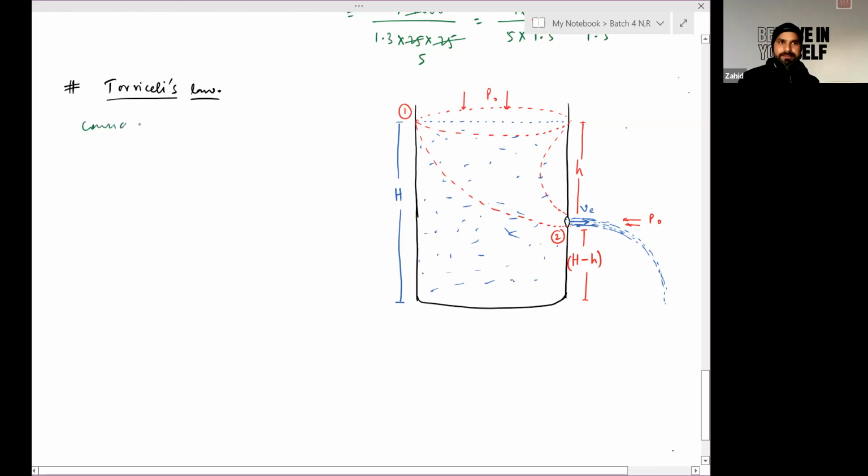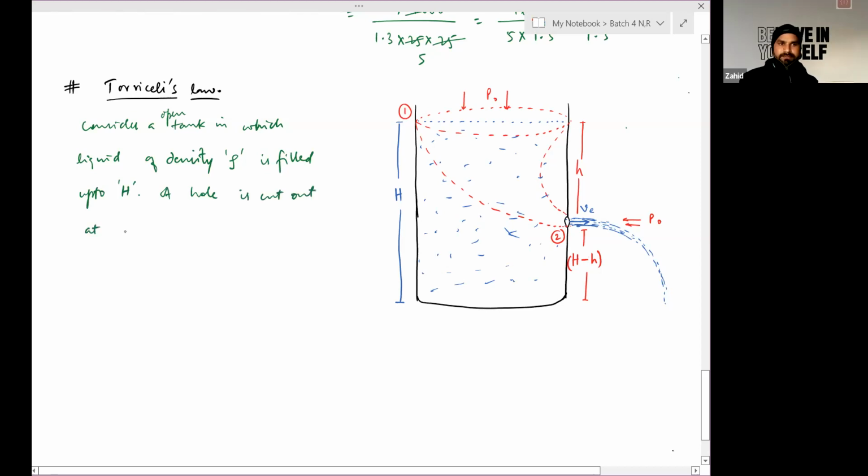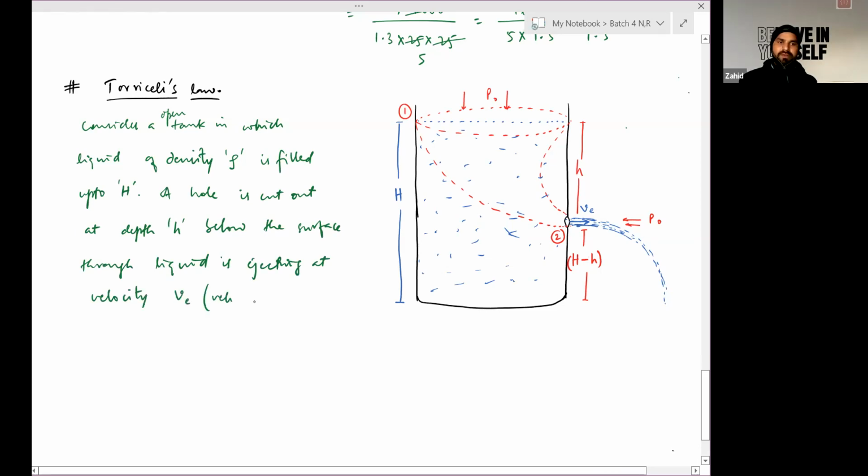So consider a tank, or say open tank, in which liquid of density rho is filled up to H. A hole is cut out at depth h below the surface, through which liquid is ejecting at velocity VE, that is velocity of efflux.